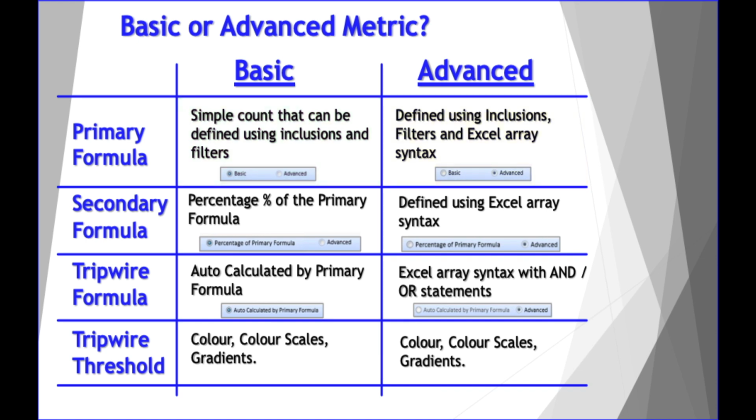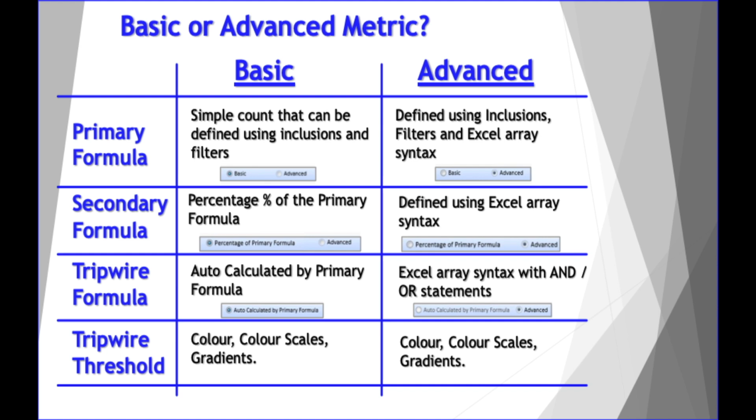Next, we will examine the secondary formula. For a basic metric, the secondary formula must be defined as a percentage of the primary formula. For an advanced metric, the secondary formula will be defined using Excel array syntax. Thirdly, look at the tripwire formula. Now, tripwire formulas return a list of activities in the activity browser.